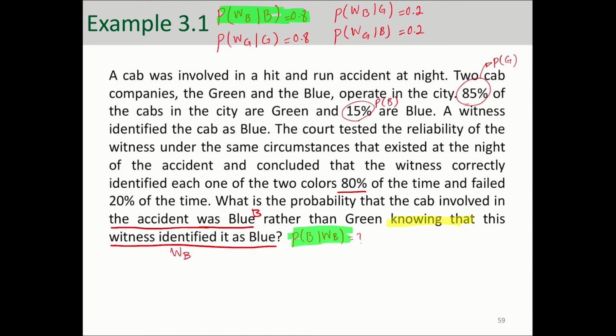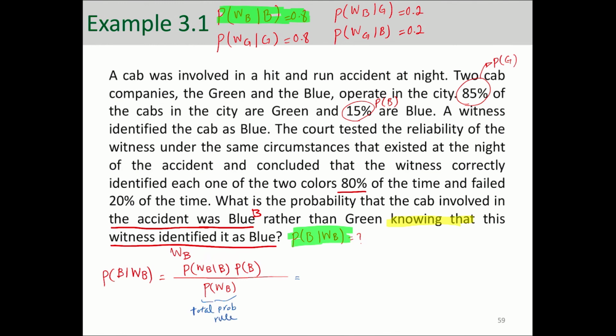So we can say that probability of B given WB is equal to probability of WB given B times probability of B over probability of WB. But the thing is, we don't know the probability of WB. It's not given directly in the problem. But what we can do is calculate that using the total probability rule.